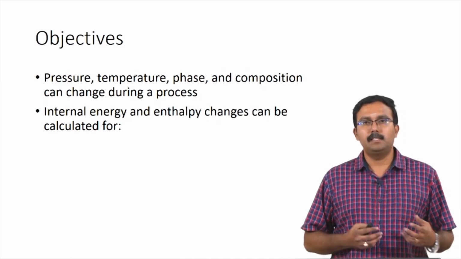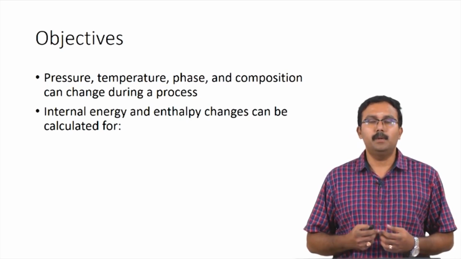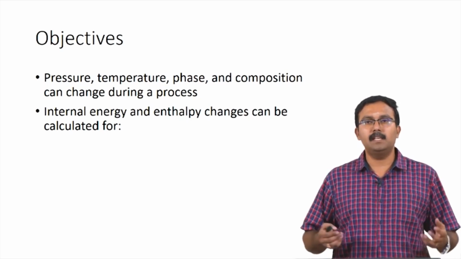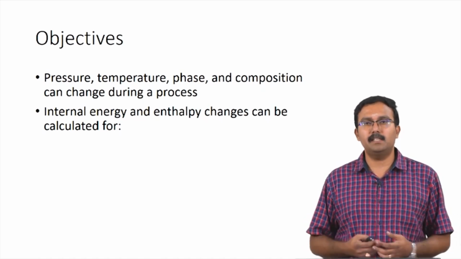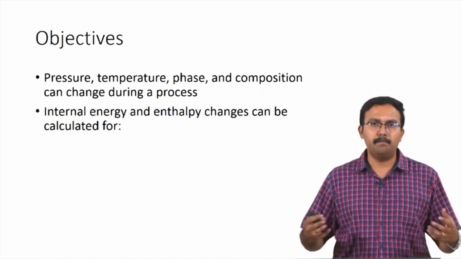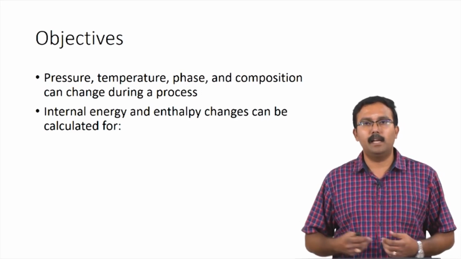To calculate these changes in internal energy or enthalpy, we would not be able to do it when all the things which I have mentioned are changing. If everything like temperature, pressure and phase are changing, we cannot use one simple equation to solve for all these values.